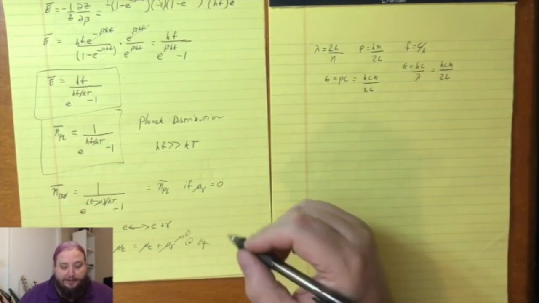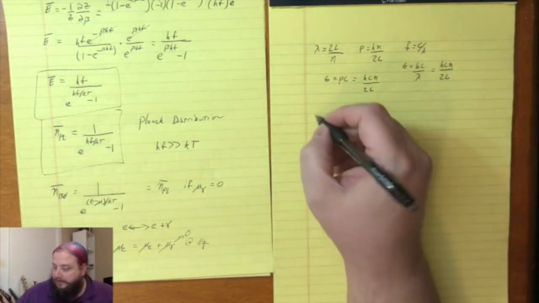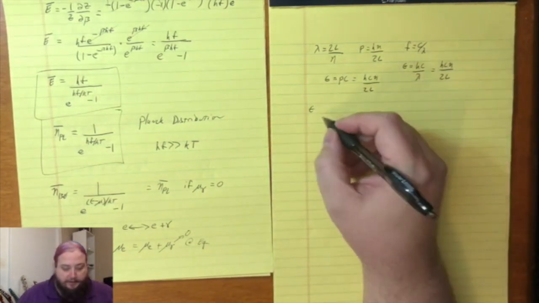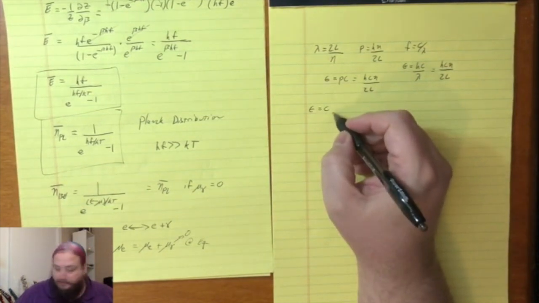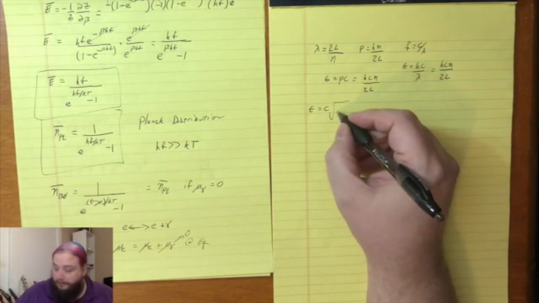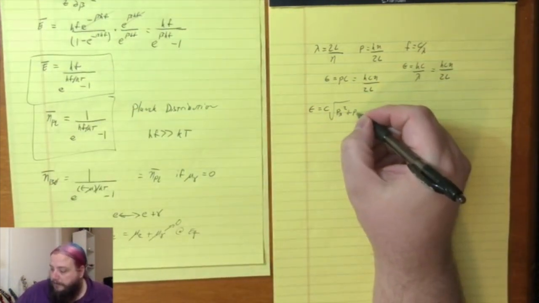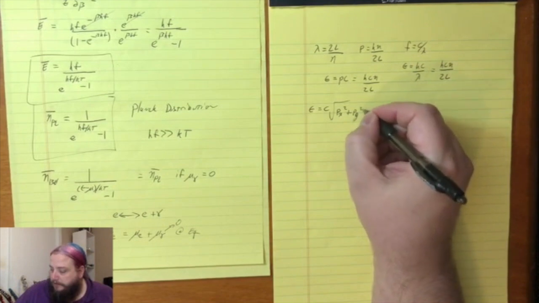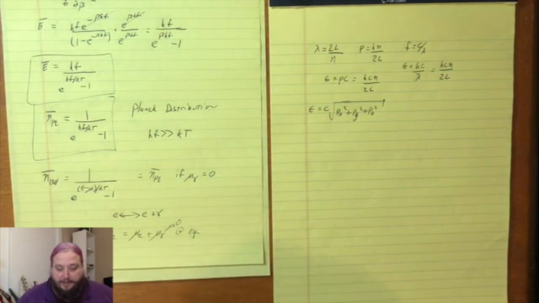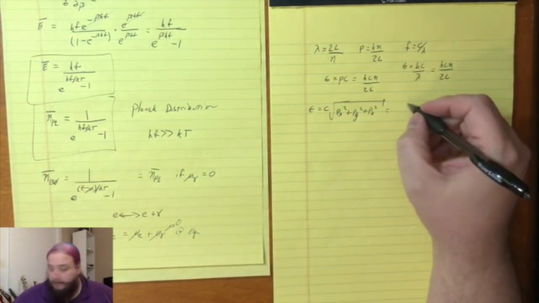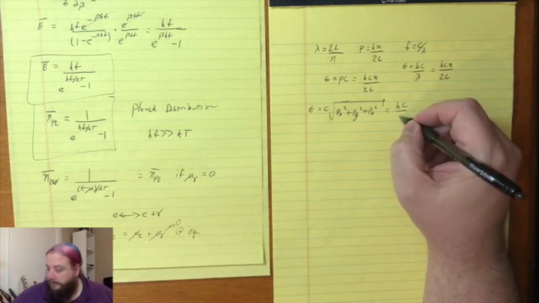Since we have 3 dimensions, we'll again assume a cubical box. Then our energy becomes c times the momentum, but the momentum becomes a 3-dimensional momentum. So px squared plus py squared plus pz squared, take the square root of that, that's the magnitude of our momentum, and it equals hc over 2L.